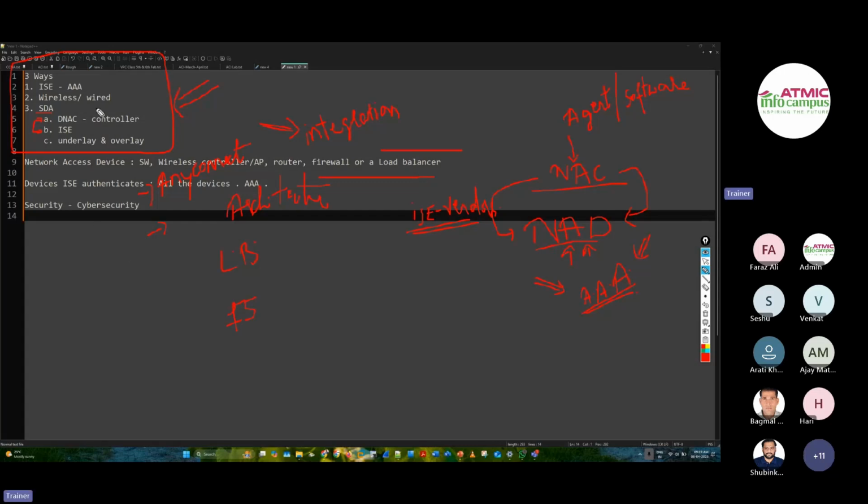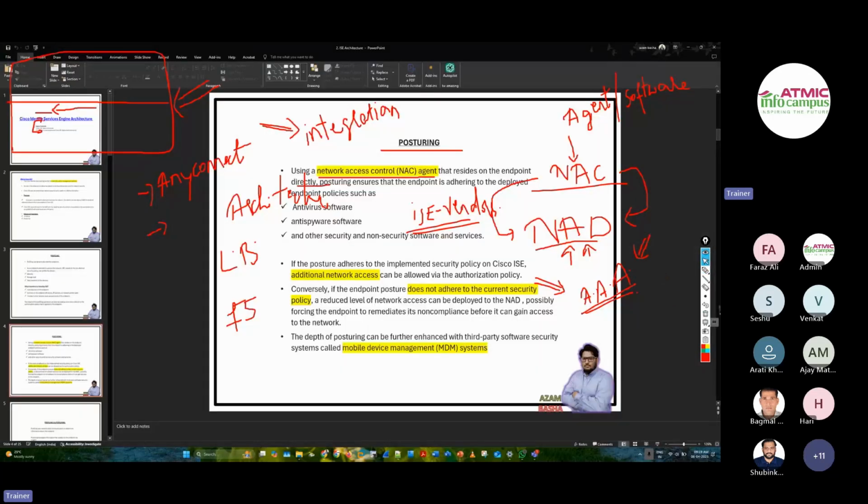That comes under your SDA architecture, which we will not be covering. This is an FYI and a very important topic to remember. With ICE we are not integrating anything. It's all about AAA.